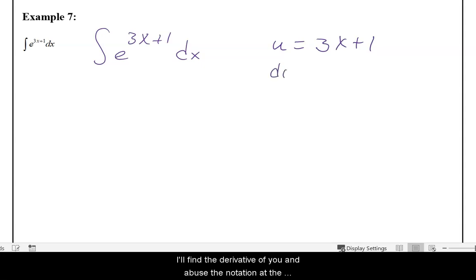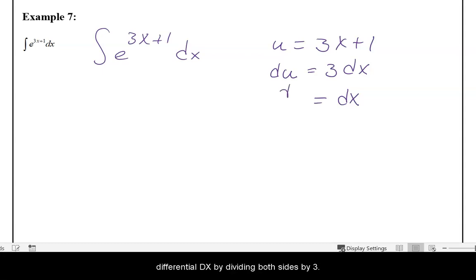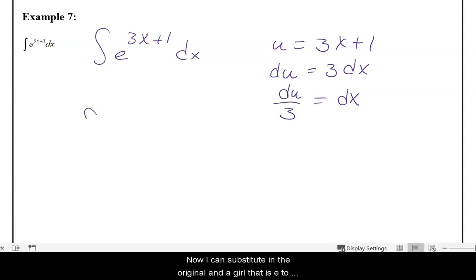I'll find the derivative of u and abuse the notation at the same time to get the differential du is equal to 3 dx. I don't have the 3, so instead I solve for the differential dx by dividing both sides by 3. Now I can substitute in the original integral that it's e to the u and replace the original differential dx with du divided by 3.